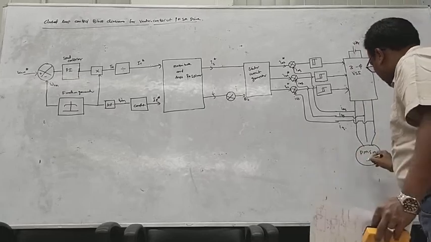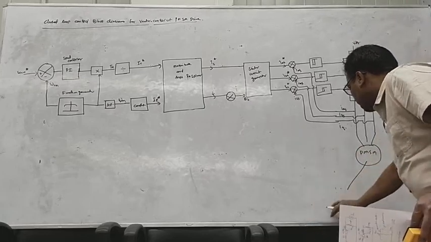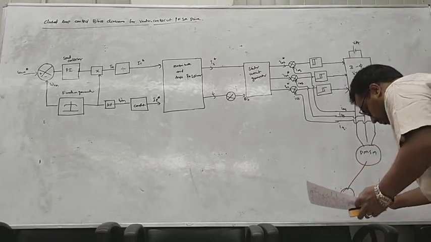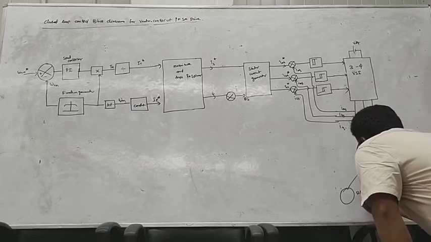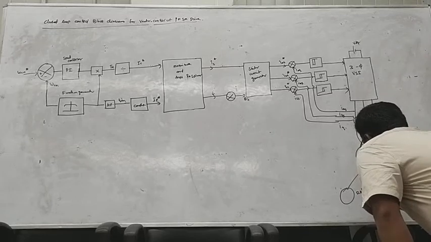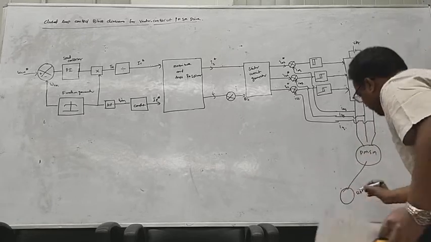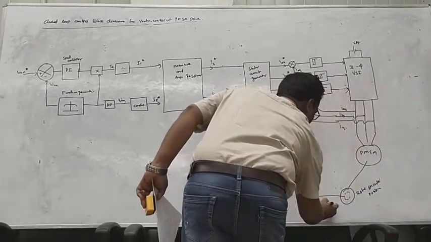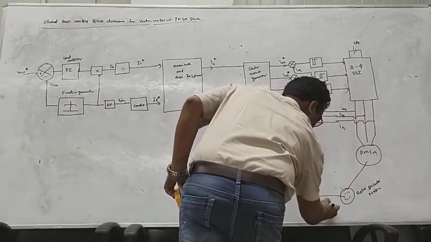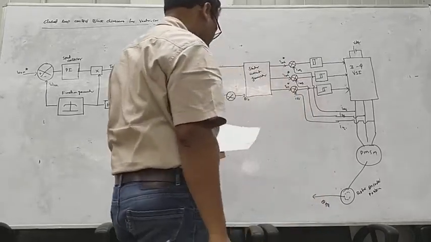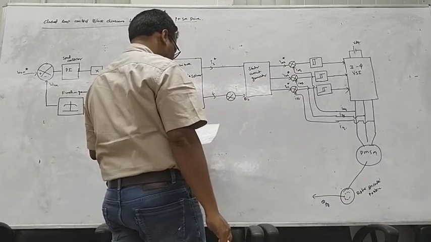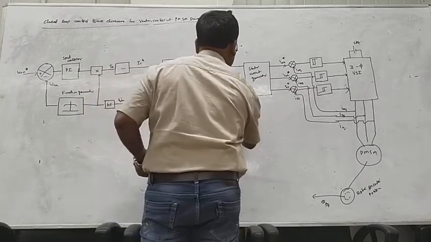And now here the rotor encoder, which gives the position. We use the rotor position. So it will give the position angle theta m, and this theta m can be controlled here, the angular position.